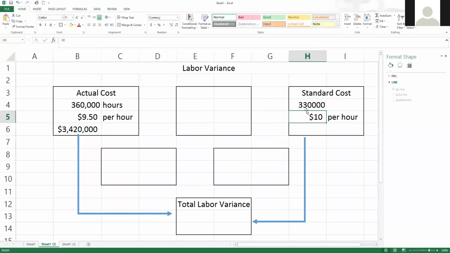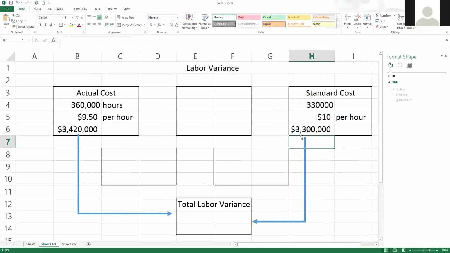So it should have taken us 330,000 hours. We spent a lot more time than that, but the good news is we spent less per hour. So if we multiply these out, we should have spent 3.3 million. We spent 3.4 million. That's not good news.